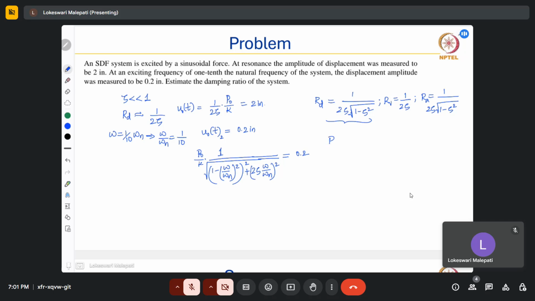Okay, in this we can substitute for omega by omega n and then simplify. So p naught by k times 1 by square root of 1 minus 0.01 the whole square, because 1 by 10 the whole square is 0.01, plus 2 zeta times 0.1, the whole square.